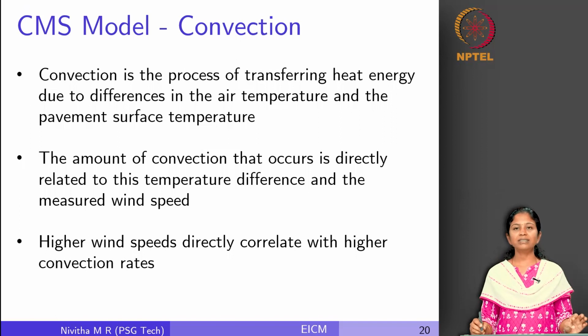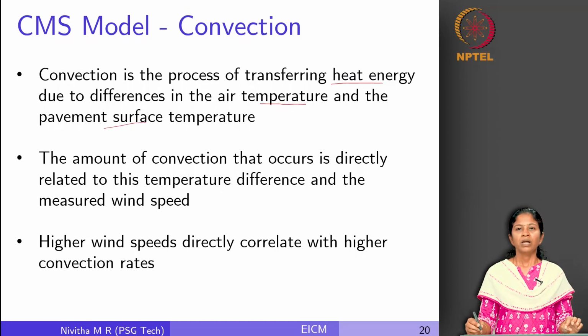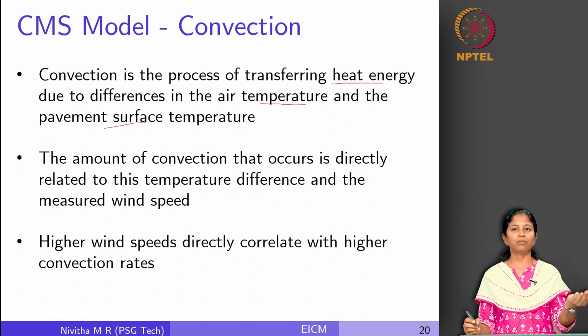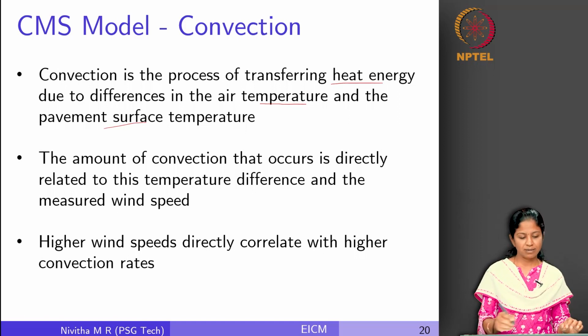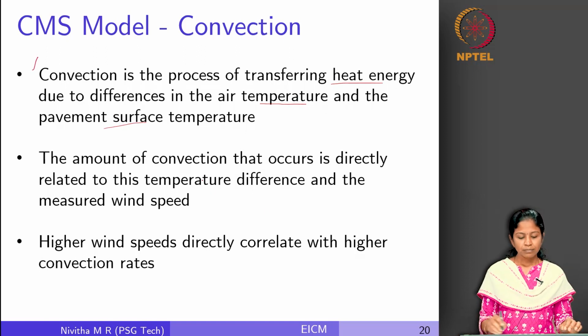So what is this convection? It is the process of transferring heat energy due to difference in air temperature and the pavement surface temperature. So, how much heat is transferred from the atmosphere to the surface of the pavement or vice versa, that is quantified using the convection process. The amount of convection that occurs is directly related to the temperature difference.